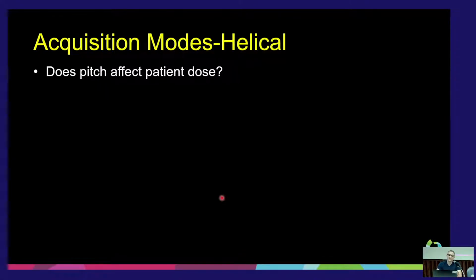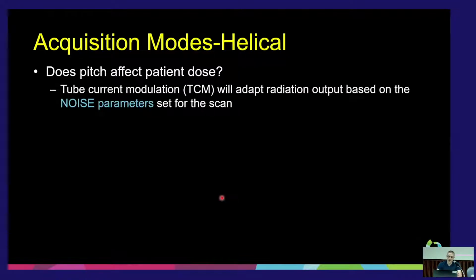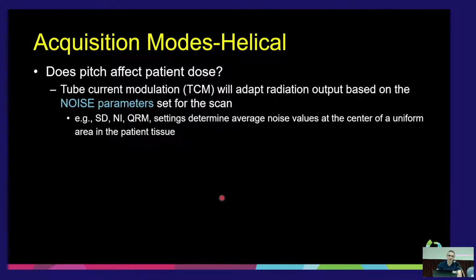So does pitch affect patient dose? The answer is no. So let's talk about that. It does not, as long as you're using tube current modulation, because tube current modulation requires us to tell the system how much noise we want in the image. So for our Canons, we'll type in SD values; GE, noise index; Siemens, quality reference mAs.